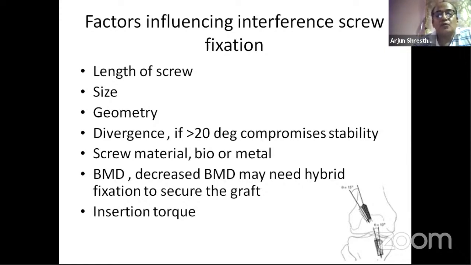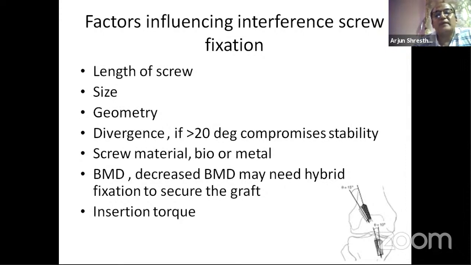But sometimes, when you are not very careful, because the nitinol wire is very weak, it may become a little bit flexible and there will be slack. So the screw may go in some other direction because the bone is cancellous. If you use some force while struggling with the insertion of the screw, it may go in the other direction. If there is more than 20 degrees of divergence, sometimes the fixation will be loosened and may cause failure of the graft.